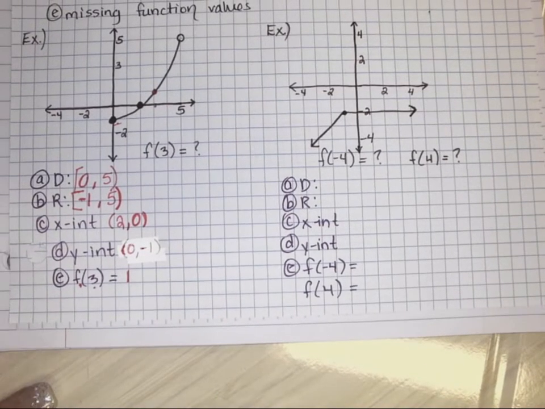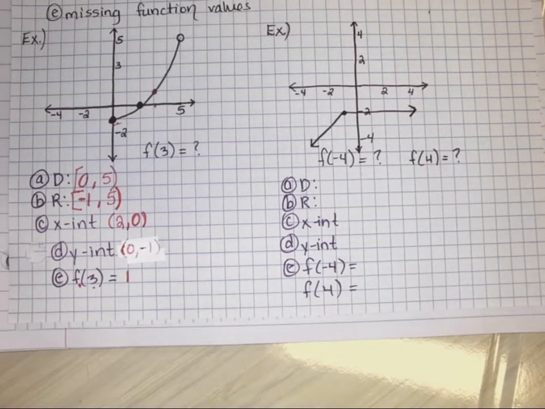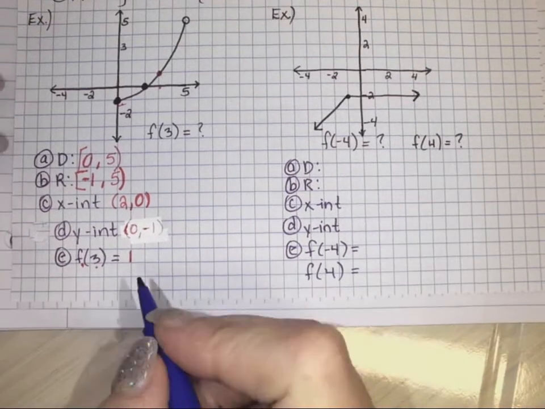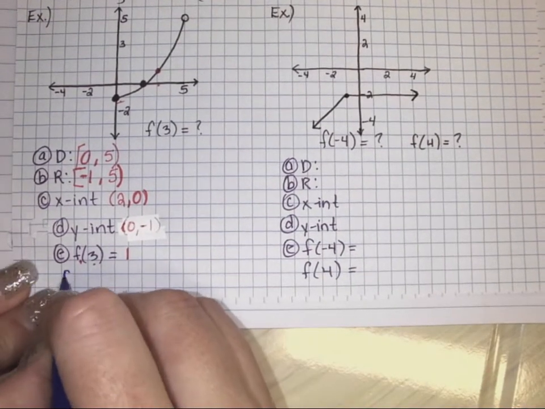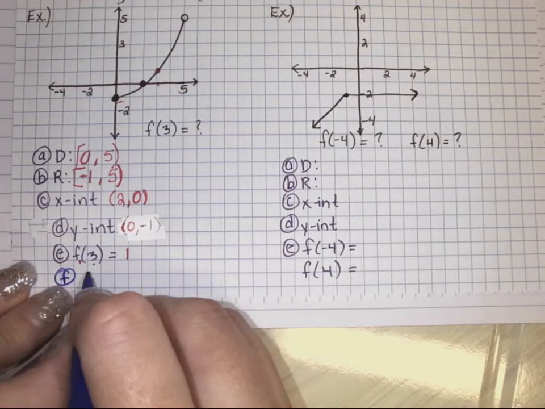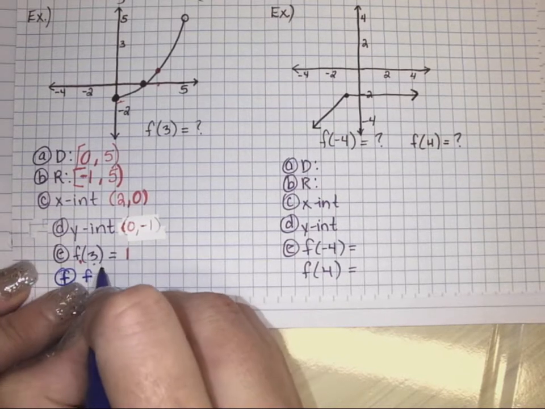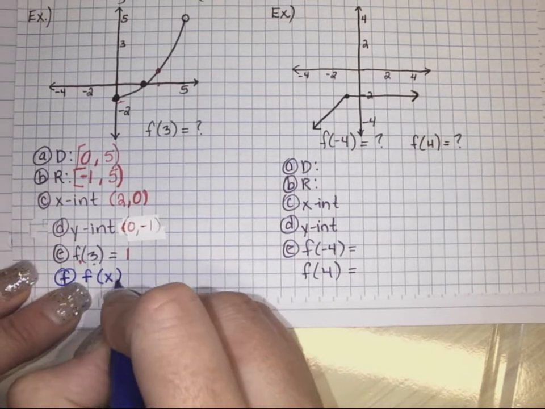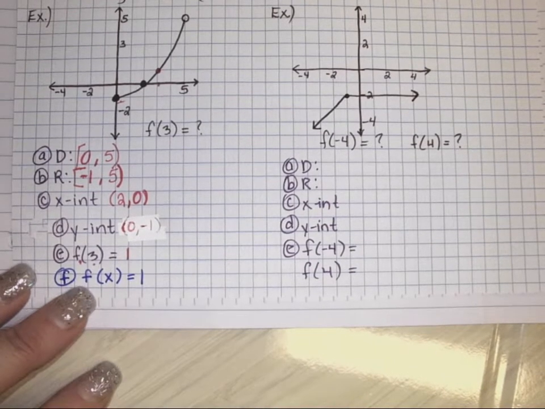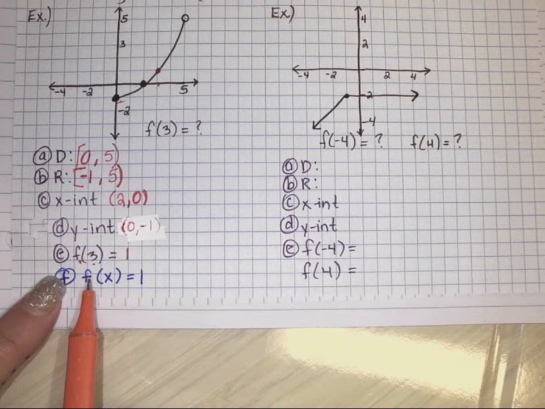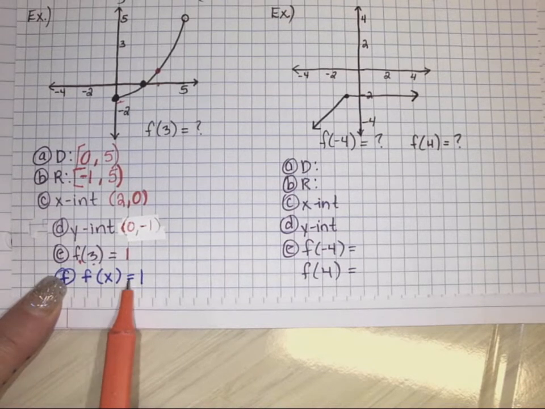Now, sometimes you may be asked, and I think one of your homework problems asks you to find, I'm going to reverse it on you. So let's say that we were asked to find f of x for 1, and they wanted you to find x. Well, in this case, f of x or y is 1.